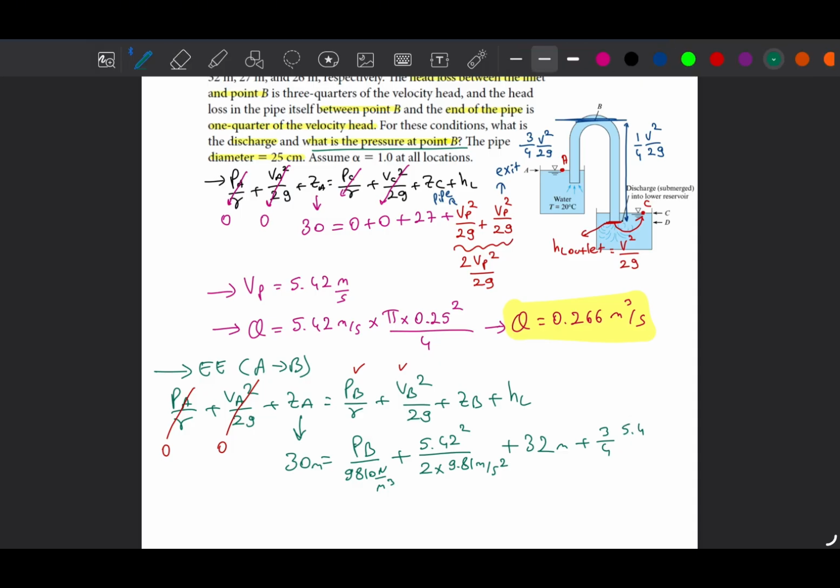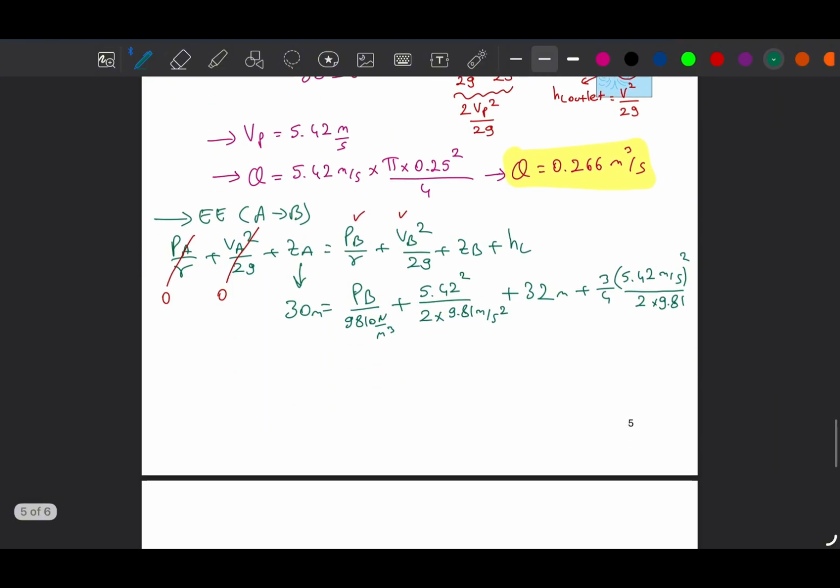So since it is velocity head, we are again using the Vp, which is velocity within the pipe. So 3/4 of velocity head gives this. And from this equation, PB will be minus 45.3 kilopascals.